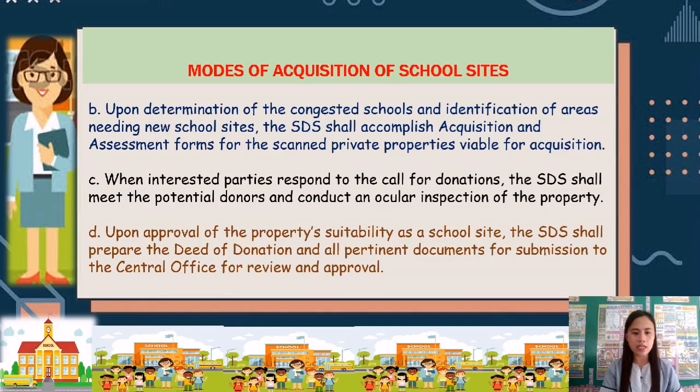Letter D. Upon approval of the property's suitability as a school site, the SDS shall prepare the deed of donation and all pertinent documents for submission to the central office for review and approval.